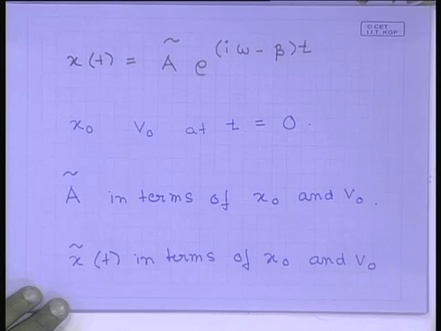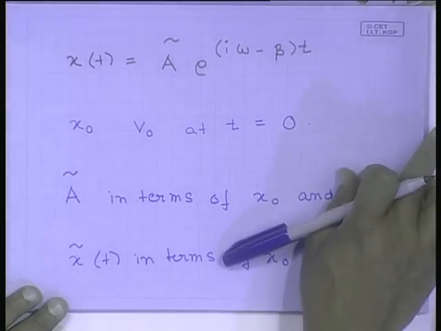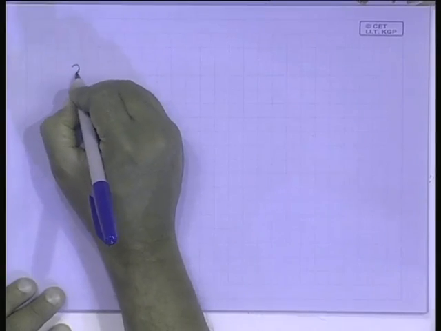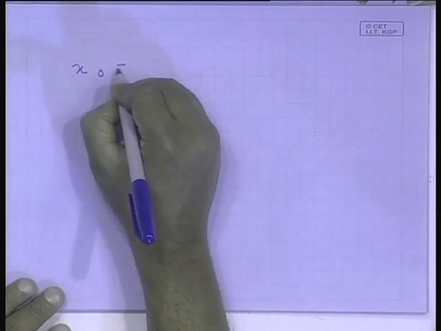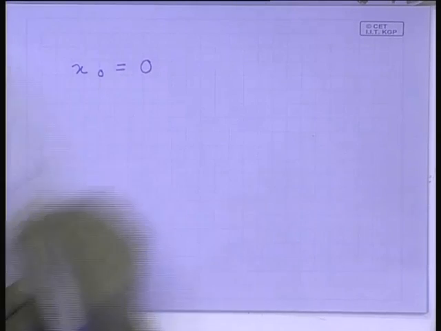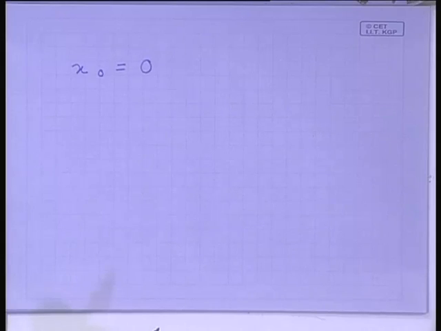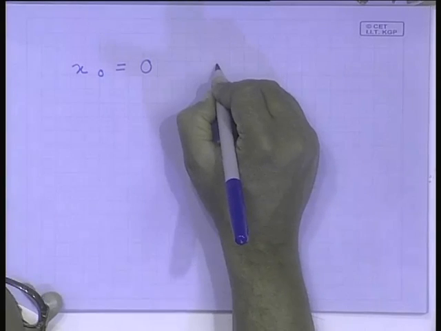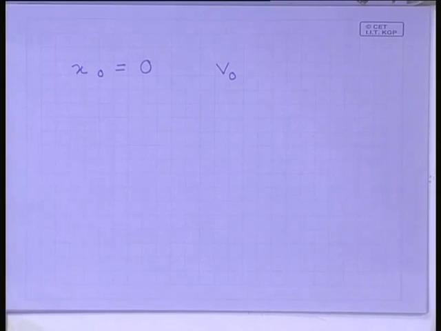The next part of the problem is as follows. You are told that for the same oscillator, the particle is initially at rest and the particle has a velocity v naught, initial velocity v naught. So, the oscillator is initially at rest and it has just a velocity v naught.